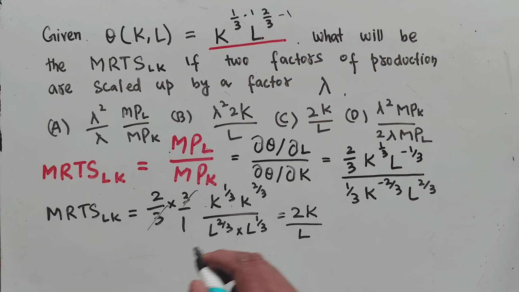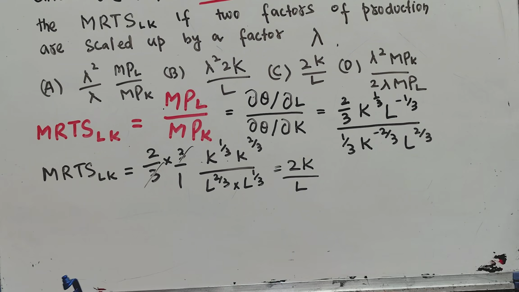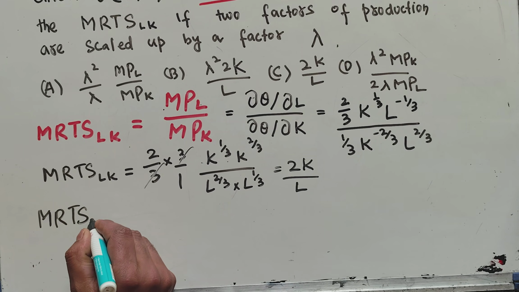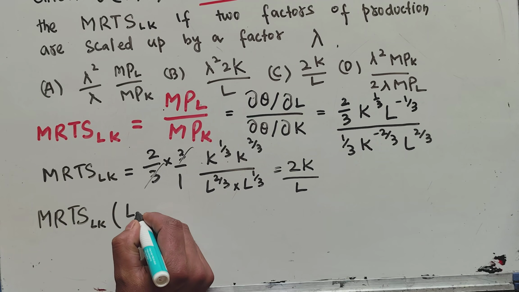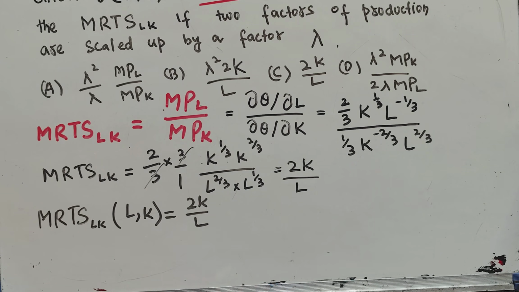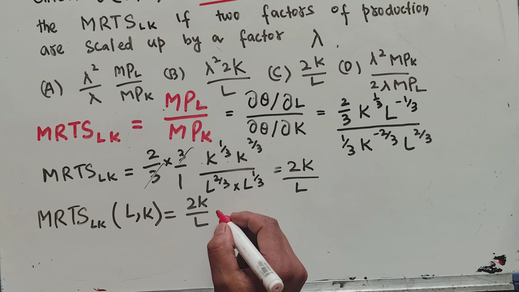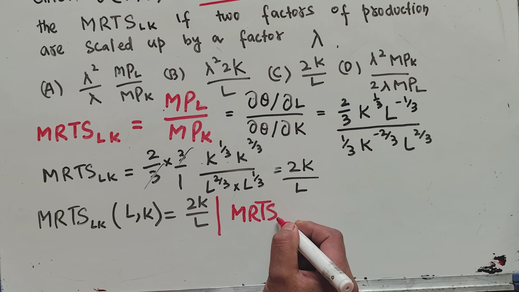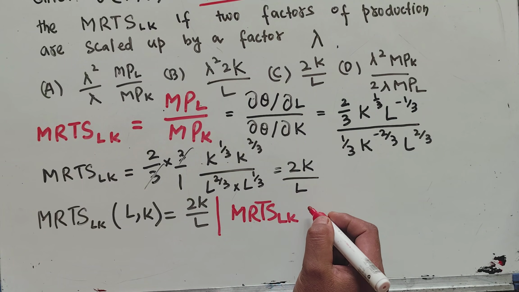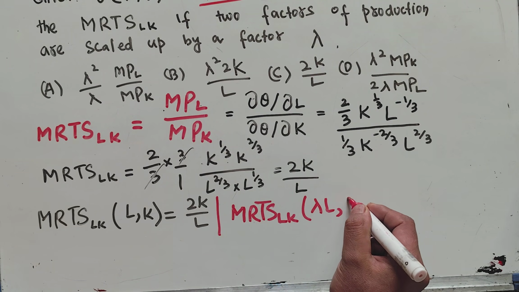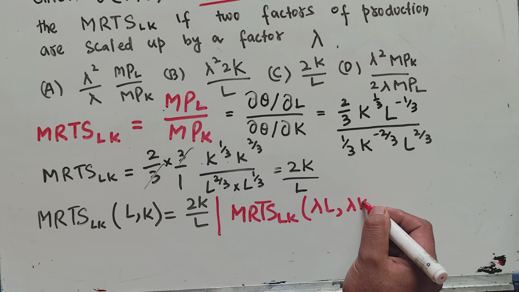Now you can see our marginal rate of technical substitution between labor and capital is a function of labor and capital, which came out to be 2K/L. Let us increase both factors by lambda, or scale them up by lambda. That means our new marginal rate of technical substitution between labor and capital, when we increase labor by lambda and capital by lambda, so what will we get?